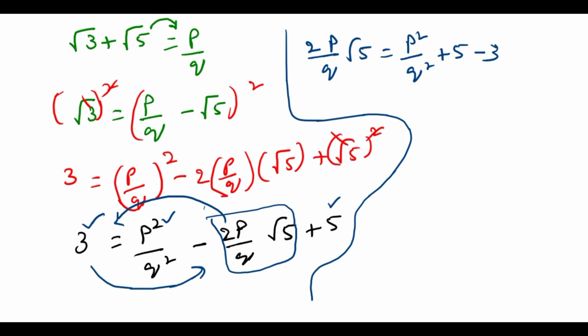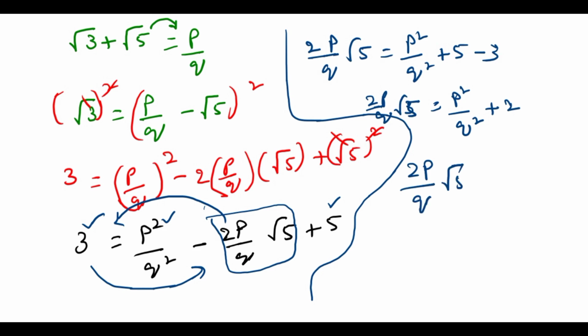Then what can you find here? 2p by q root 5 is equal to p square by q square. So 5 minus 3 equal to 2, so it is plus 2. By cross multiplication, 2p by q root 5 equal to p square plus 2q square by q square. Okay, so you can focus here. Then what do you get in the next step?